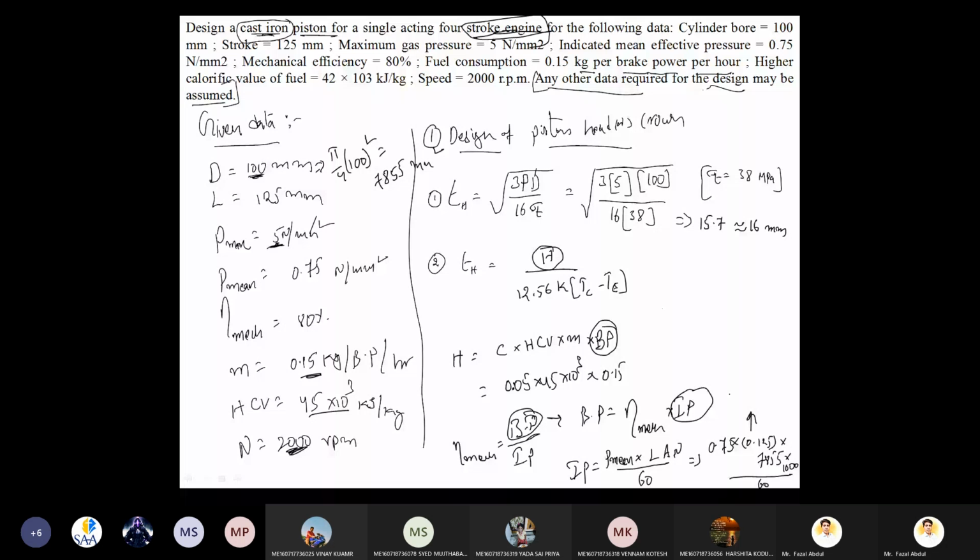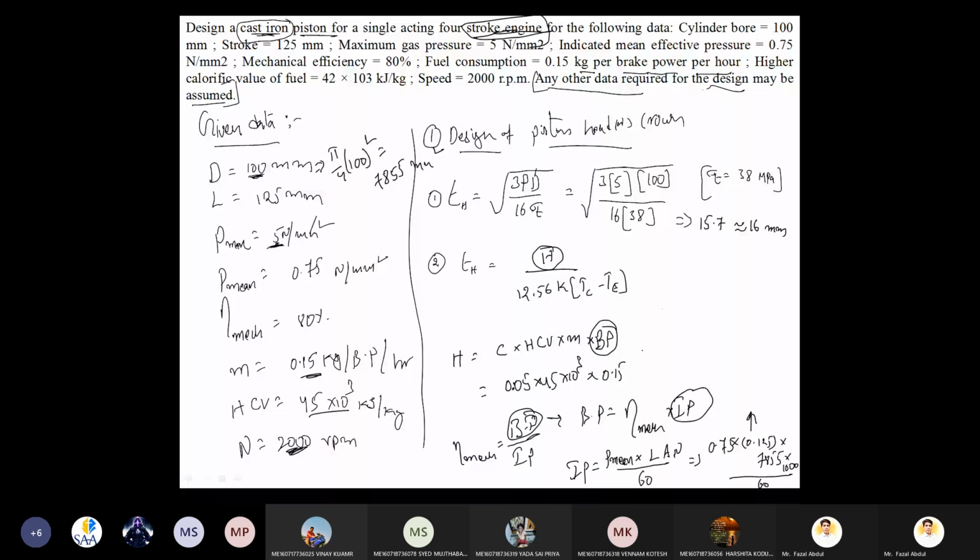How much is the indicated power value? Answer. How much, Babu?